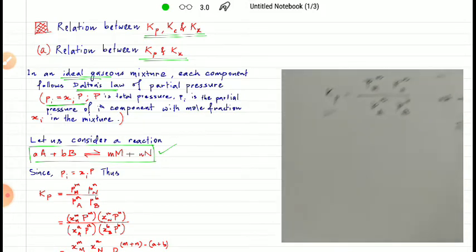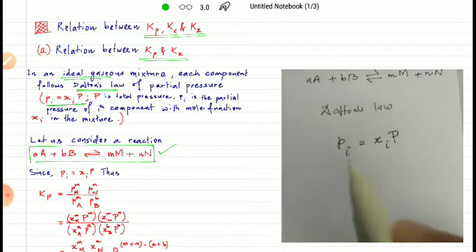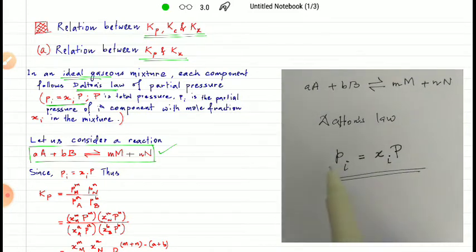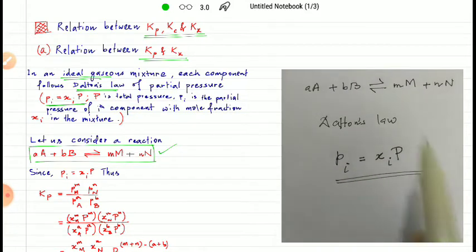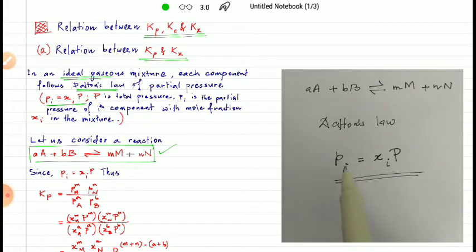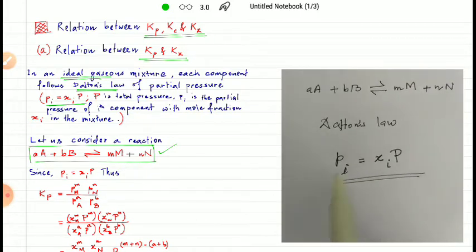This is the normal general condition, where i means the ith component.